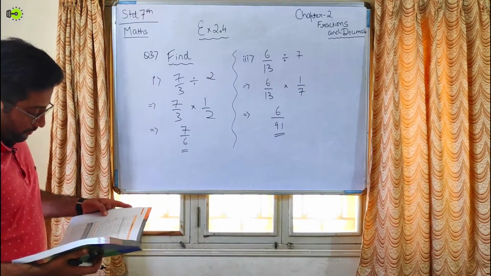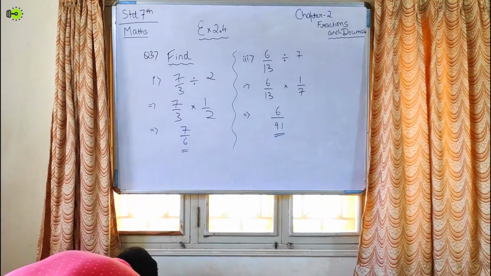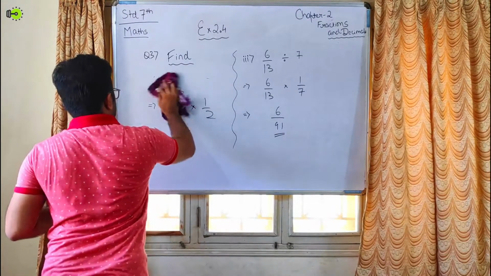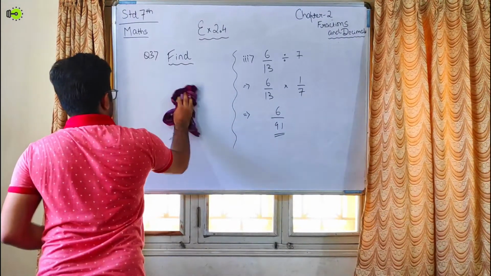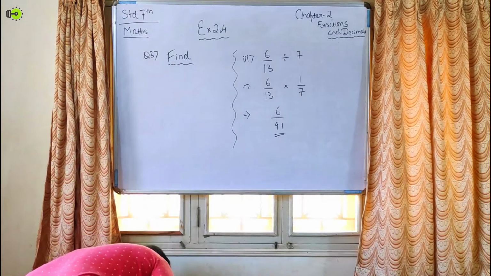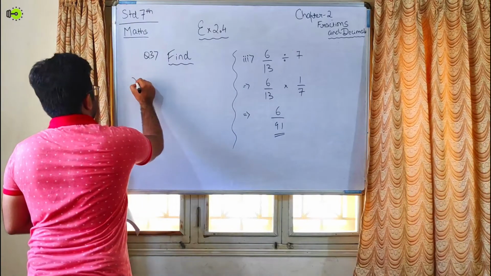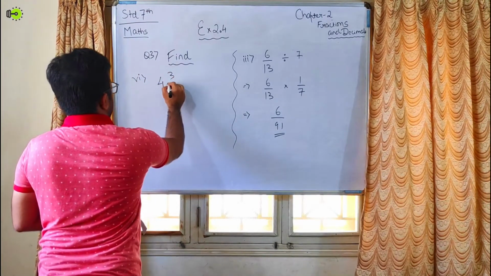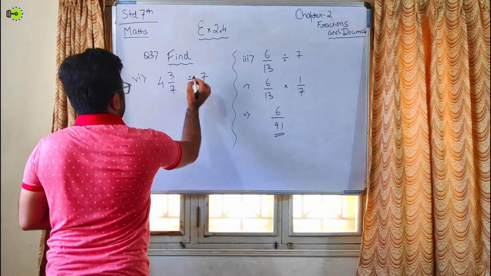Okay, we can also try to find out another one, that is the sixth one. Sixth one is 4 3 by 7 divide by 7.